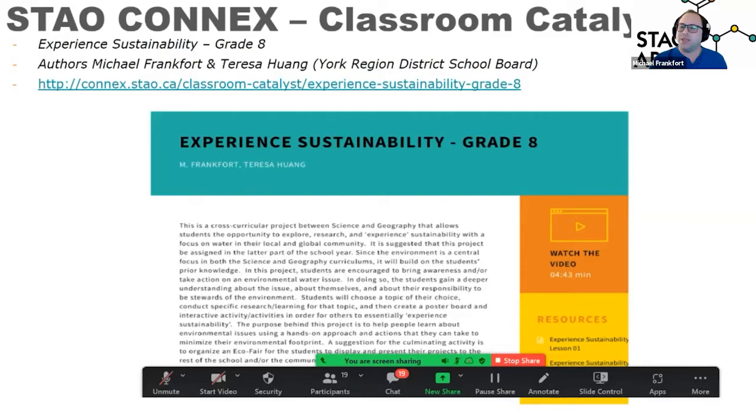So we wanted to engage students in a different way of doing science fair type stuff, but to do it in a way that would be their own ideas, would be engaging, and would connect with the community around them. And so it's kind of a what came first, the chicken or the egg scenario, whereby the eco-fair happened, and simultaneously, myself and another colleague named Teresa Wong started working on a resource, and STAO approached us, and we created the resource.